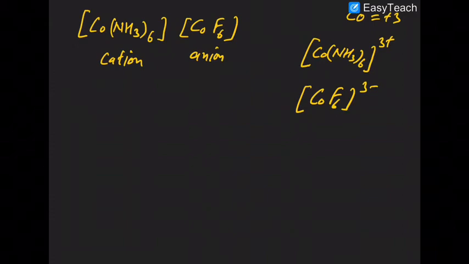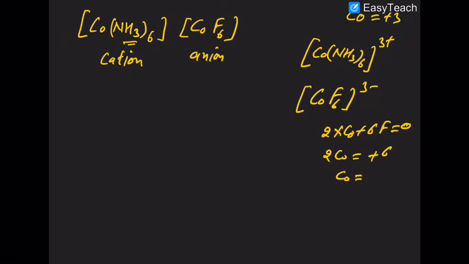How is it so? Because 2 cobalt is there and 6 fluorine are there. Overall charge is 0. Ammonia should not be taken into account because ammonia is a neutral ligand. So 2 cobalt carry charge of +6, so each cobalt will carry charge of +3. So in both the cases, cobalt is in +3 state.